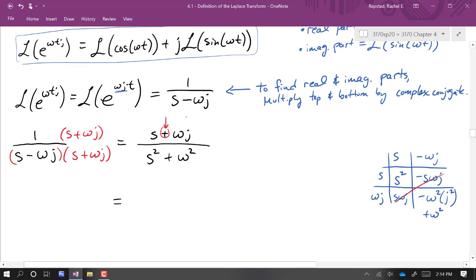So splitting it up over the addition in the top, we get s over s squared plus omega squared plus j times omega over s squared plus omega squared.